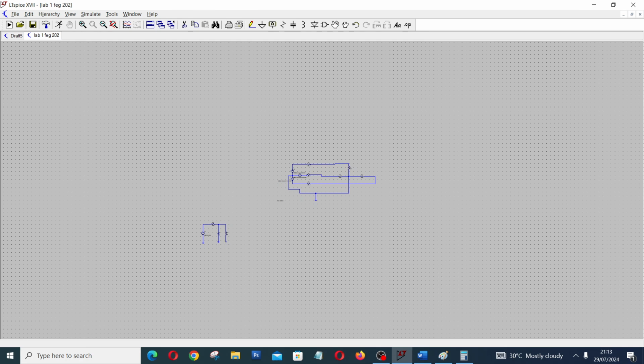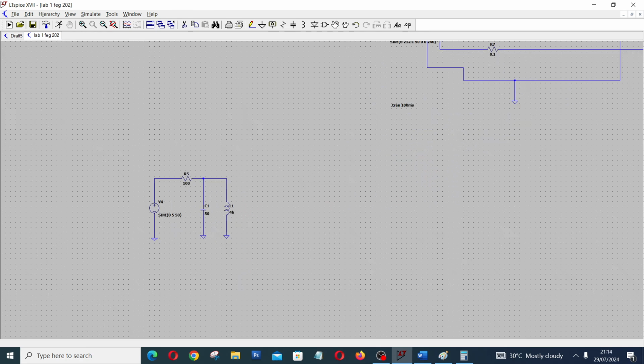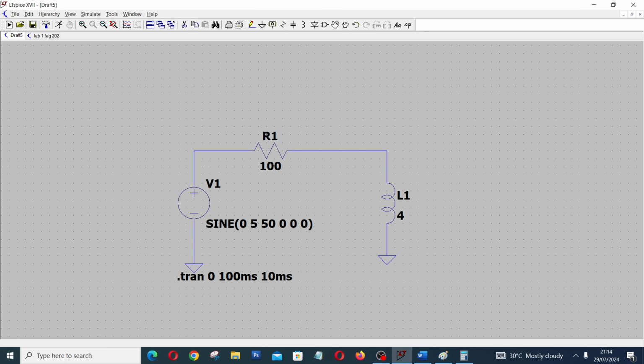Okay, let me start with 50 microfarad. Let me connect a capacitor of 50 microfarad in parallel to this, and let's see what is going to happen. Don't forget your ground.